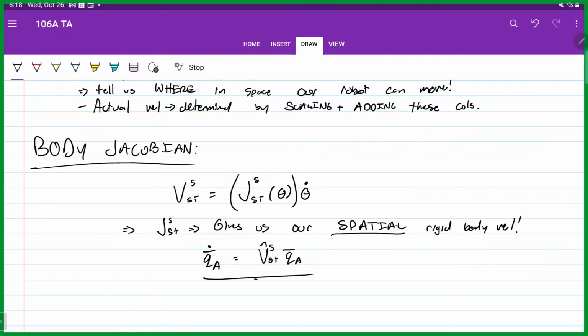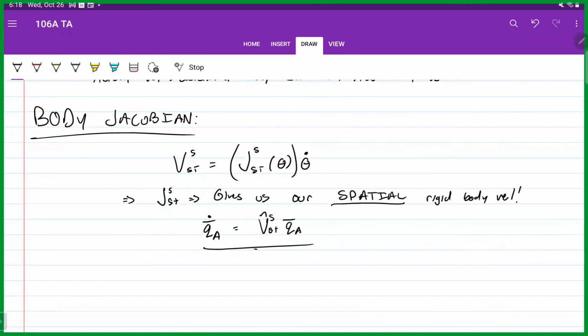This is something that I think comes up in 1D on the homework. So just make sure that once you get your rigid body velocity, you don't just pick out the components like v_s from that. You actually have to apply it to your point. You have to take its hat map, multiply it by your point in homogeneous coordinates, and only then will you have the velocity of your point. Okay.